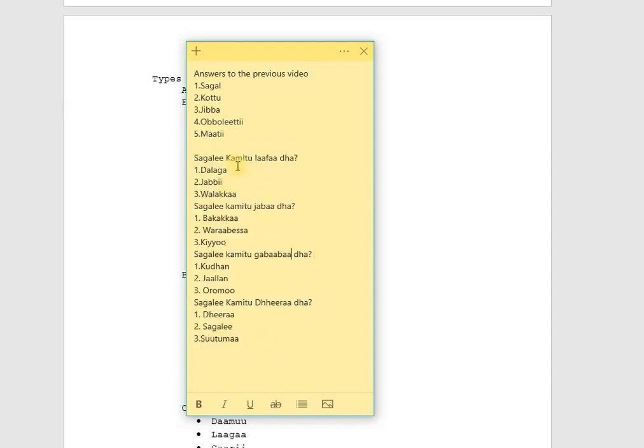The first exercise is, which sound do I write in Afan Oromo? Which sound in those words is soft? That means lafa means soft. Which sound is soft in this word?